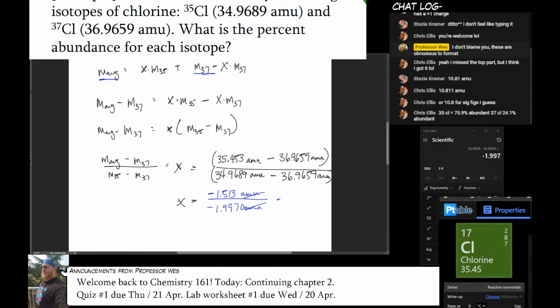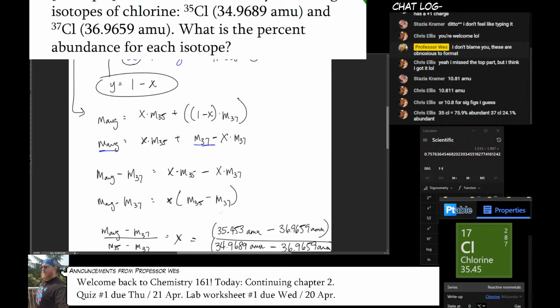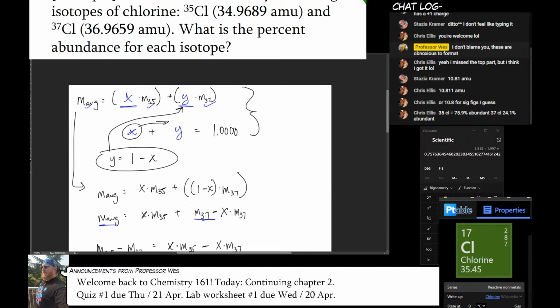And then my units cancel out. These negatives become positive. My end result is 4 sig figs, and I get this. So taking that number all the way back up to here, if X is equal to the percentage of chlorine 35, then we got 75.76%.